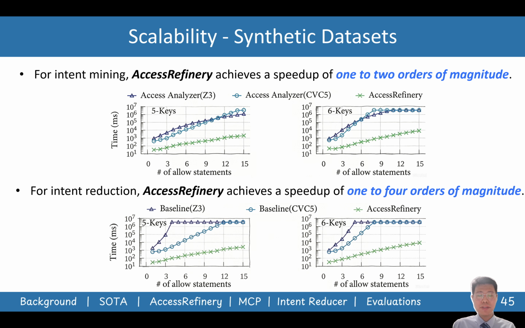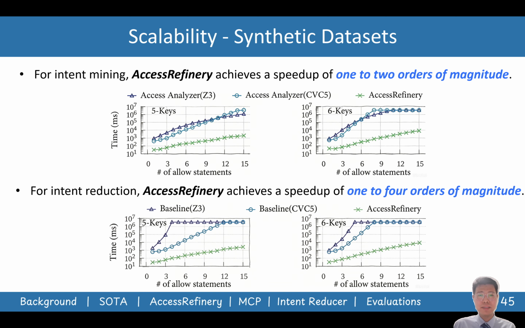We next show the results for scalability on synthetic datasets. For fair comparison, we use the SMT solvers as baselines. For intent mining, AccessRefinery achieves a speed up of 1 to 2 orders of magnitude. For intent reduction, AccessRefinery achieves a speed up of 1 to 4 orders of magnitude.